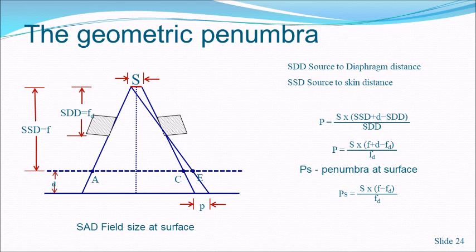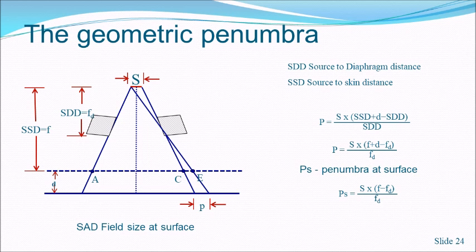by source is equal to the distance from diaphragm to the penumbra level divided by source to diaphragm distance. Or I can say penumbra is equal to source into the distance from diaphragm to the penumbra level and divided by the distance from source to the diaphragm. So penumbra is equal to source size into this distance, which is SSD plus D minus SDD, divided by SDD, source to diaphragm distance.